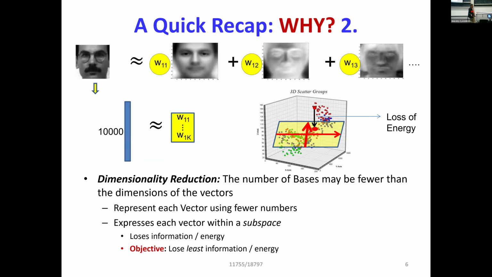But if I use the appropriate bases, I could maybe get away with just 50 numbers, because whatever is in the remaining subspaces is not really very much. I'm losing some information, some energy, but we want to find our bases such that the amount of information lost, the amount of energy lost, is least. And if we do that, then I could just use a lower dimensional characterization of my data.